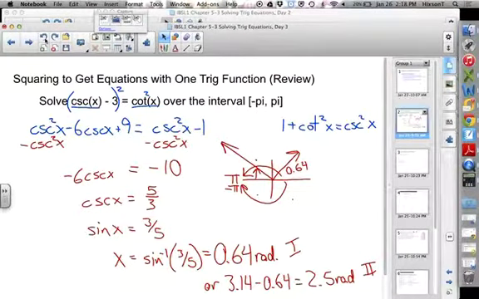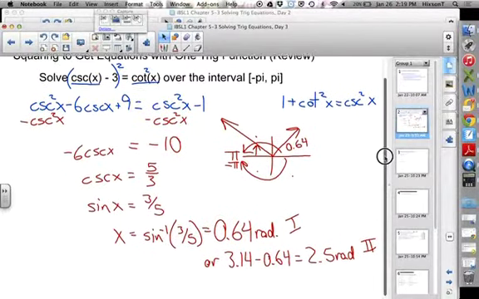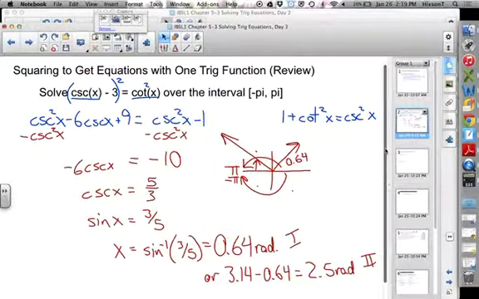Now, we did one kind of similar to this already as we were going over the homework, but I'll point this out. If you look, we have cosecant minus 3 equals cotangent. And as it is, there's really not a good way to get that in terms of one trig function.